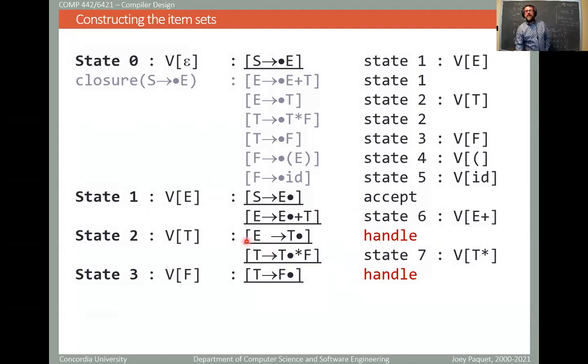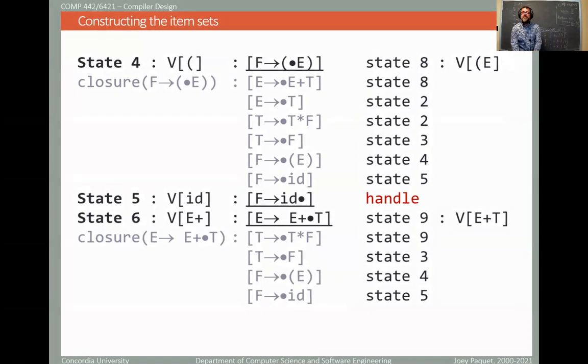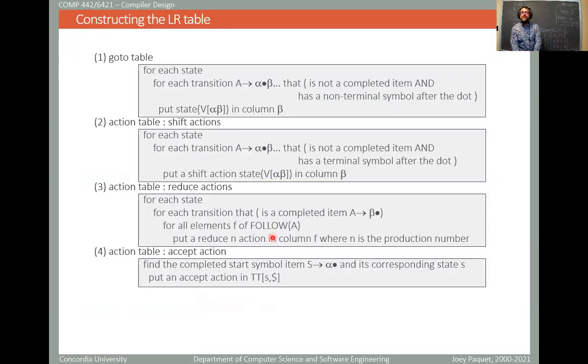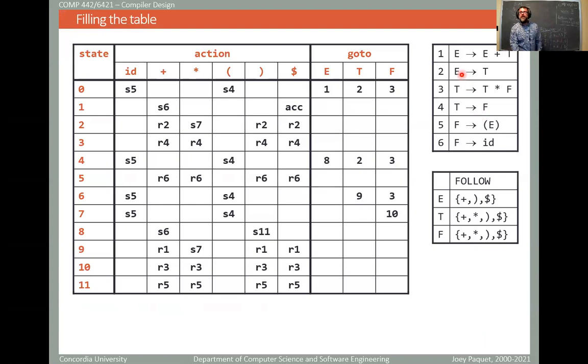So here, follow of E is plus, close parenthesis, $ sign. I'm going to go into the action table under plus, close parenthesis, $ sign. I'm going to use reduce E plus T. Reduce E plus T is 2, so reduce 2 here. Reduce 2 under plus, close parenthesis, $ sign.